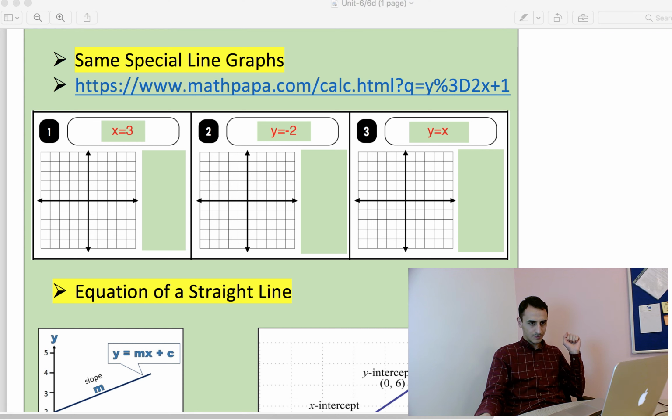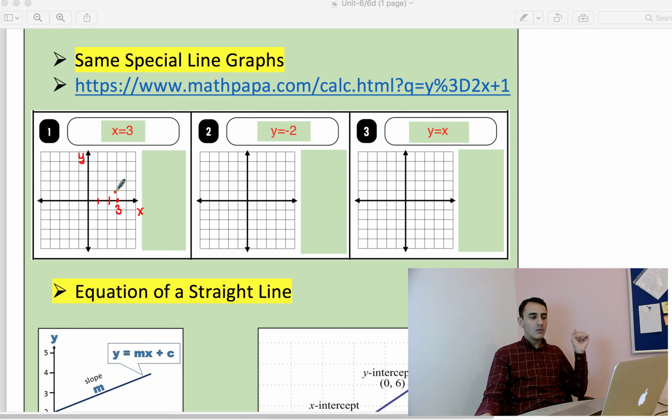Let me show you. This is 3, right? And this is the x-axis, as you know. And this is the y-axis, right? And this is 3. 1, 2, and 3. So x is always 3. It doesn't care about the y number or anything else.